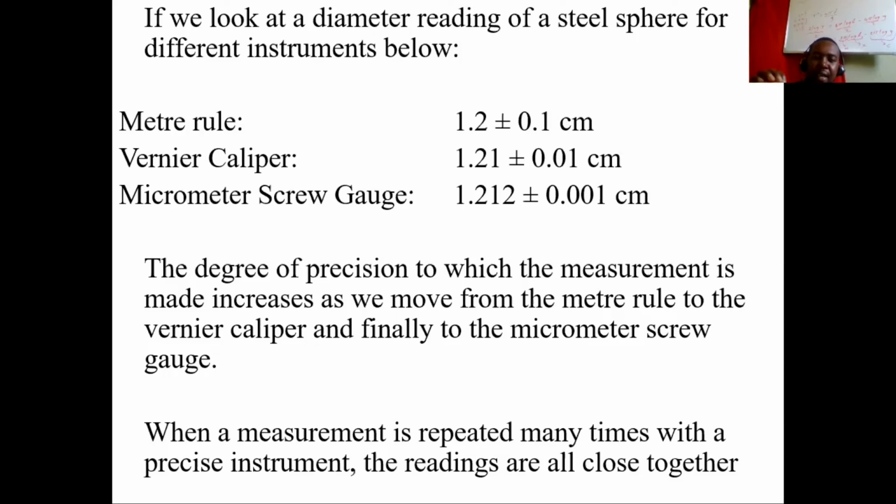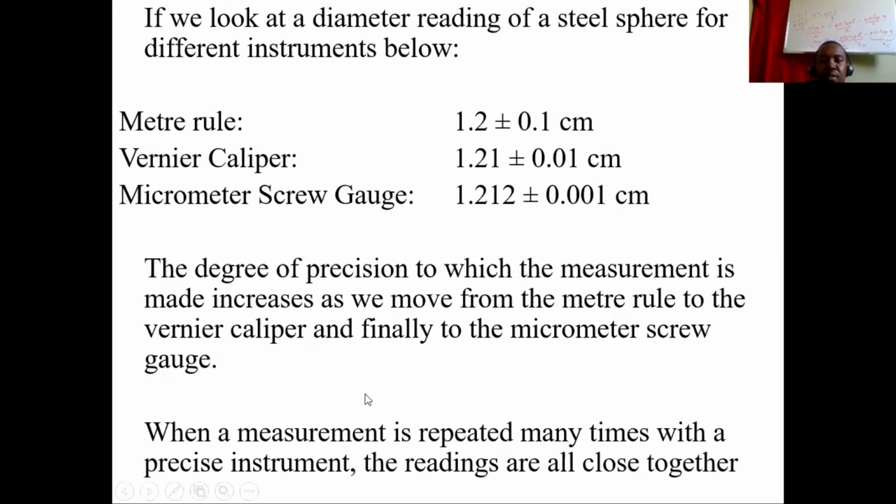The vernier one is like if you zoom in times one, right? And your micrometer screw gauge would be like your times two zoom in. Each time you zoom in, you're actually seeing something that you could not see before. So that is precision in terms of your reading instruments.